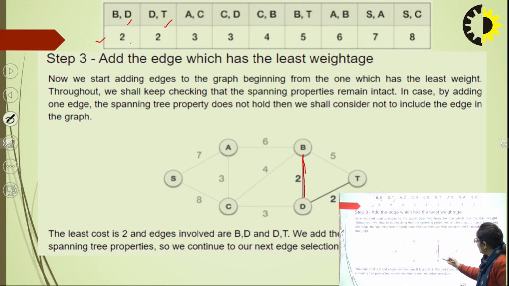So we will also include DT in our graph. But every time we add a new edge to the graph, you also have to check whether it is forming a cycle or not. If it is not forming a cycle, only then do we include that edge, otherwise we have to ignore it.